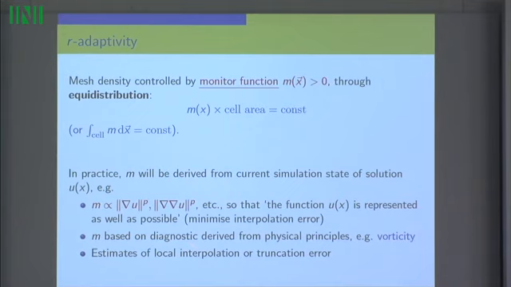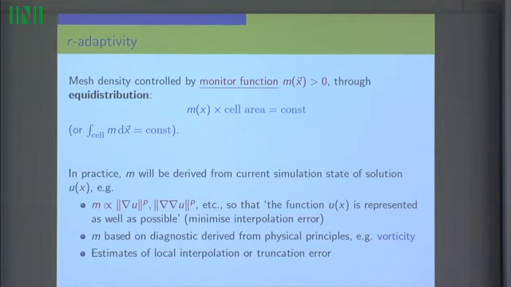How do you choose them? Well, there's many ways to do it. One is you use some sort of a priori estimate of the solution error, which is typically related to the gradient of the solution or the curvature. And that's pretty widely used. An alternative is to base it on some physics or understanding of the problem. So a meteorologist will always tell you vorticity is important in weather forecasting, so we just take it to be the vorticity.